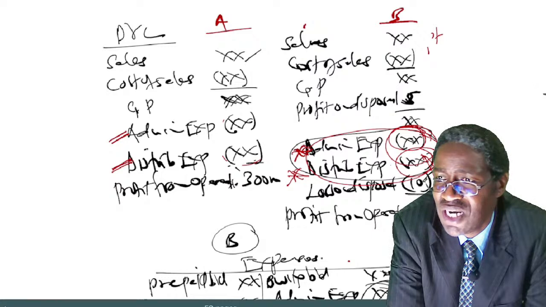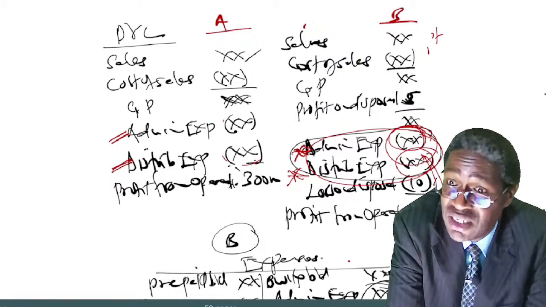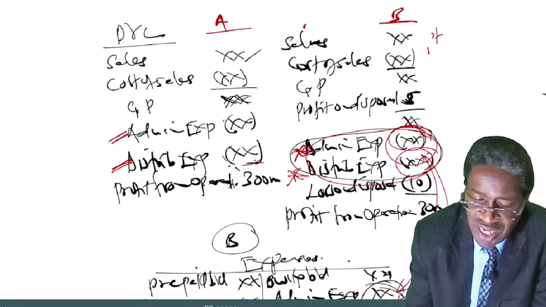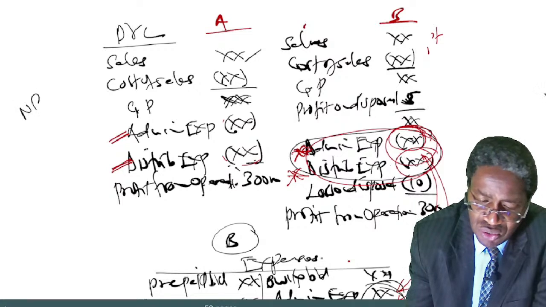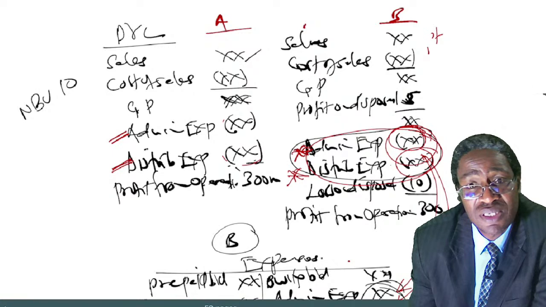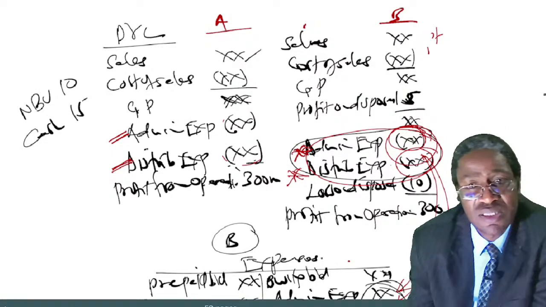No, Catherine, no. We don't include it in sales. I am not talking of, listen, here is a motor vehicle that had a book value of 10 million. You sold it for cash of 15.